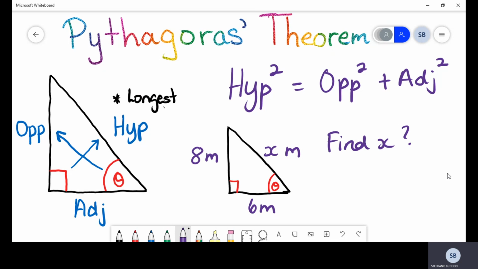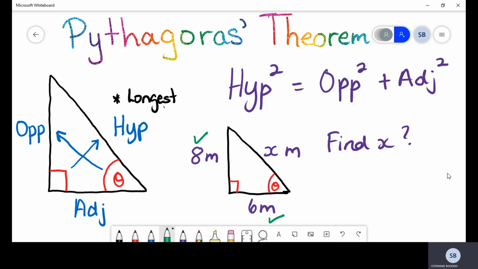But there's a condition, and the condition is that two out of those three sides of that triangle must be known. Once those conditions are met, then you can simply apply Pythagoras' theorem.